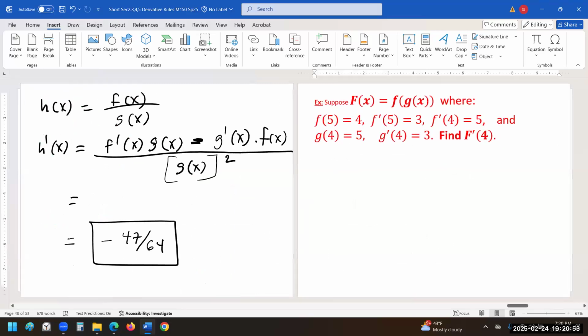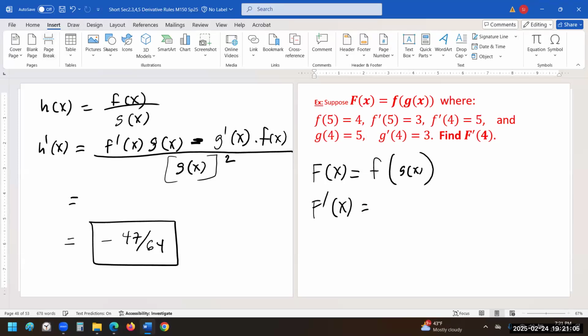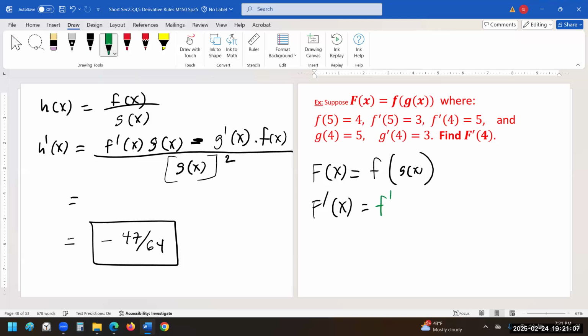The last one is chain rule, because we have two functions sitting inside one another. F of g of x. So to find f prime, first we change the outer function f, but we have to keep our g of x the same. So first one is done, then we go to the next one, g prime of x. So we are evaluating everything at 4.